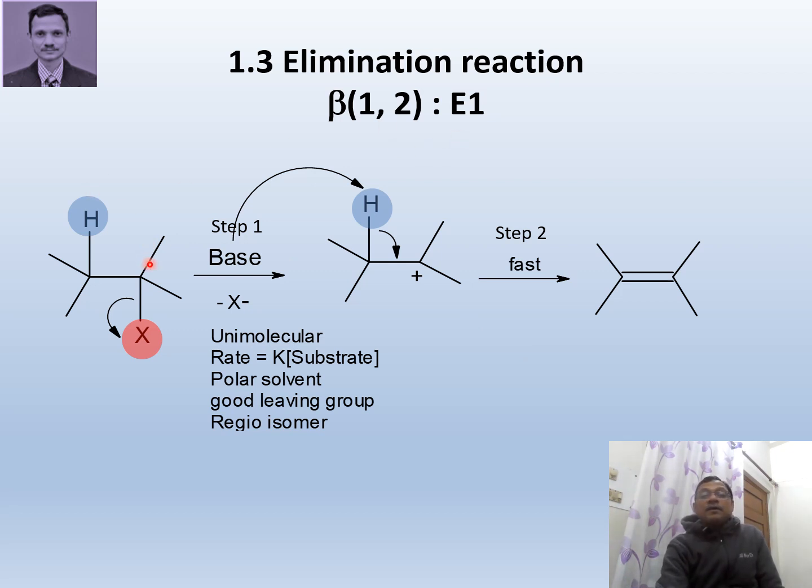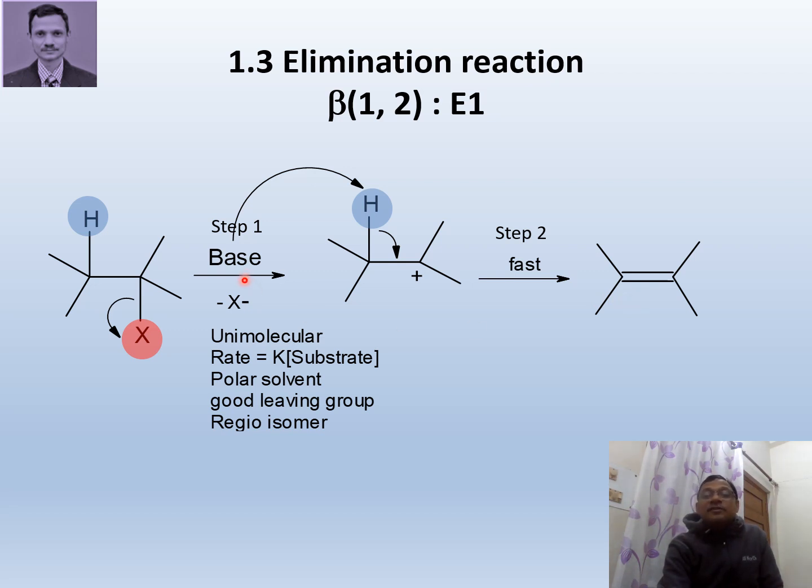In E1, first the leaving group, in presence of a base, departs and a carbocation is generated. And in the second step, the base attacks this hydrogen, or proton is removed by the base, and we have an olefin compound.